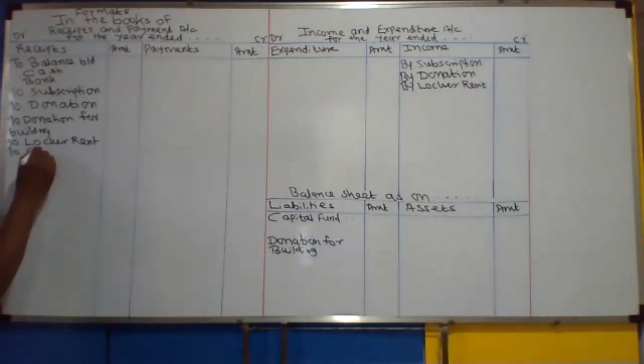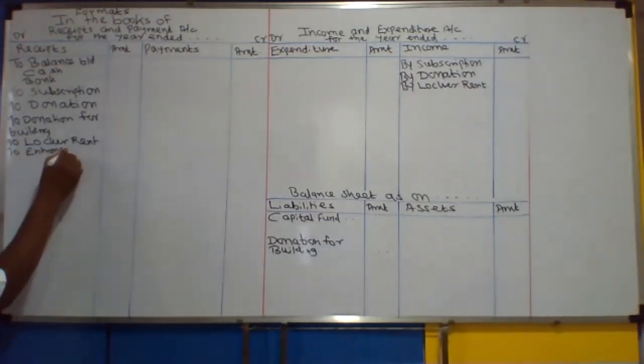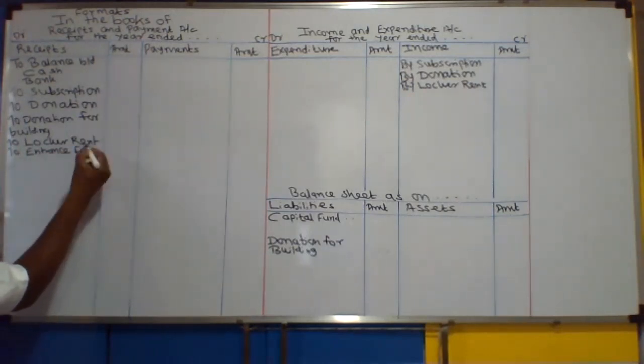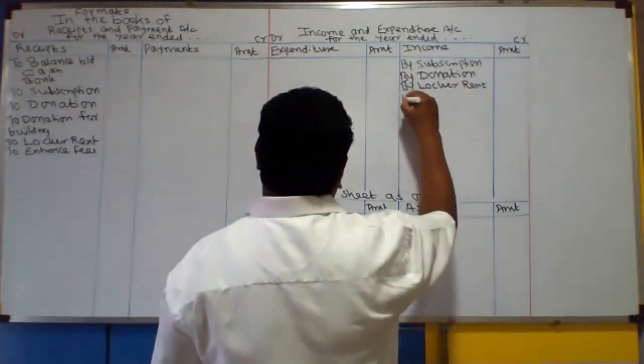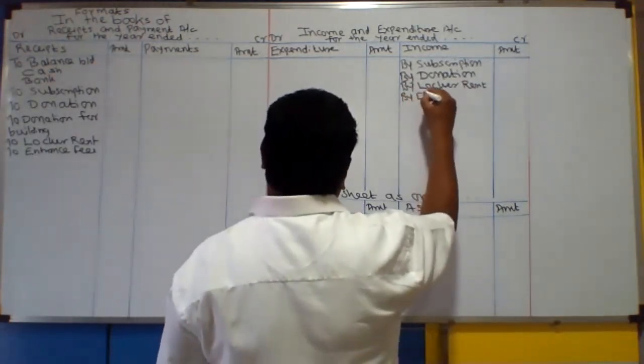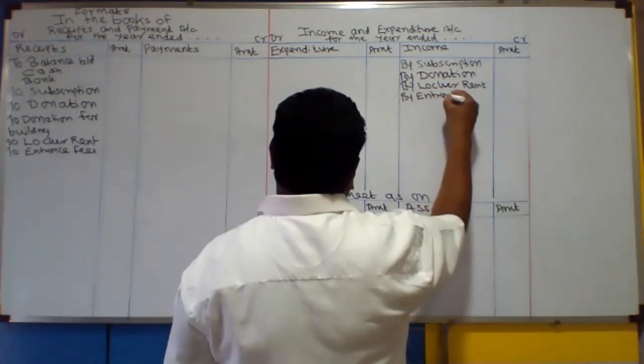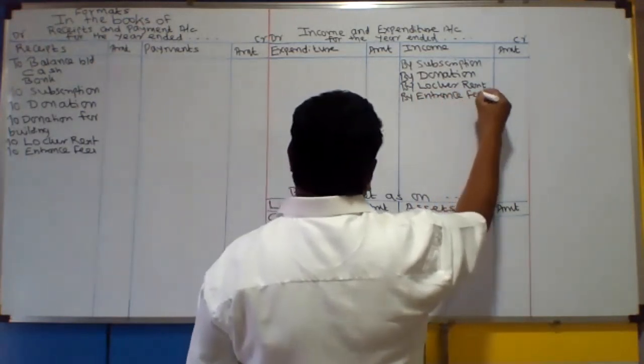Then to entrance or admission fees, entrance fees. Okay. It is to be recorded to income side unless it is capitalized.